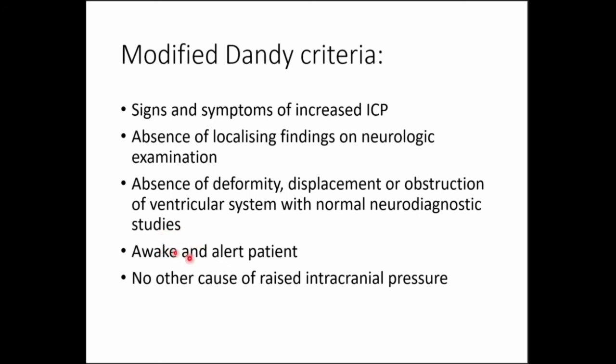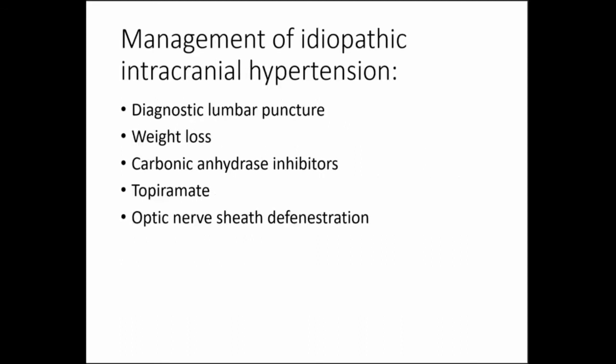The patient has to be alert and awake, and there is no other cause of the raised intracranial pressure. And so the management of idiopathic intracranial hypertension consists of things such as diagnostic lumbar puncture, weight loss, carbonic anhydrase inhibitors, topiramate, and optic nerve sheath fenestration.